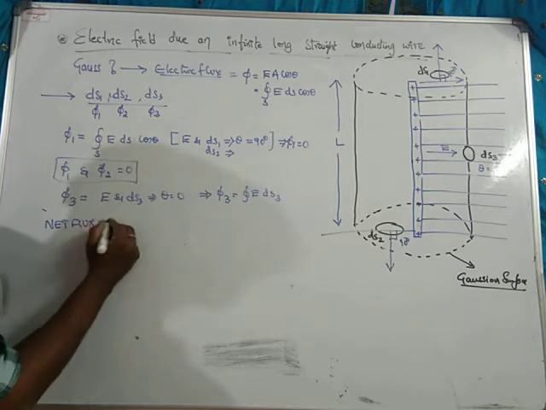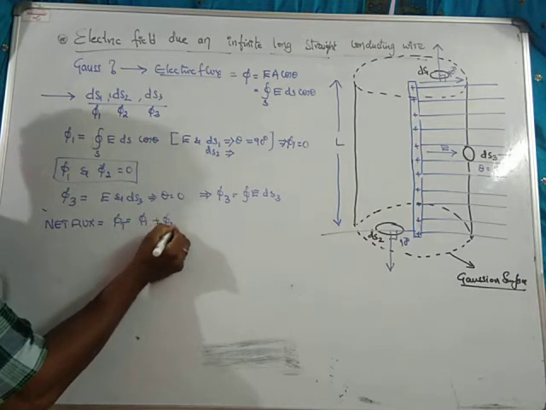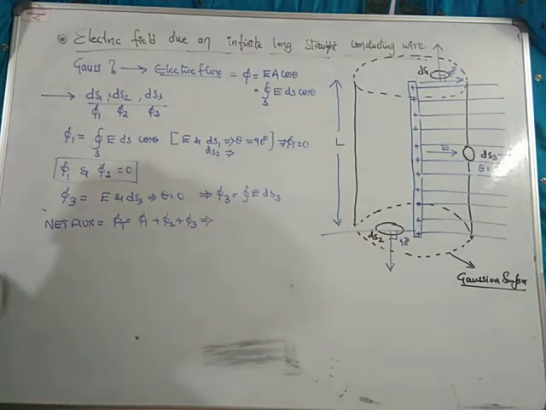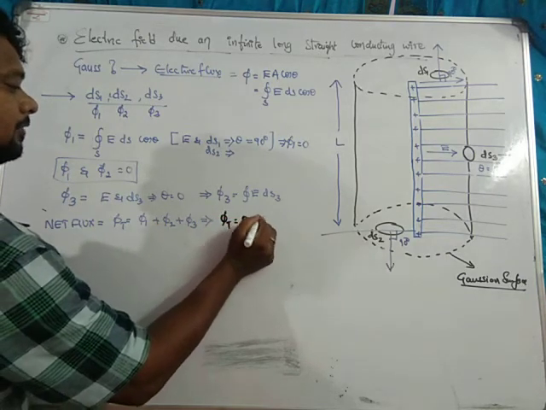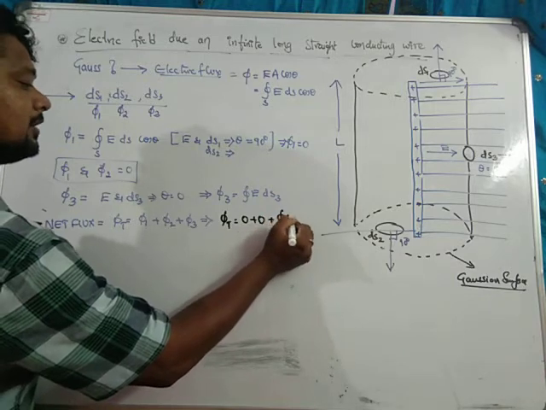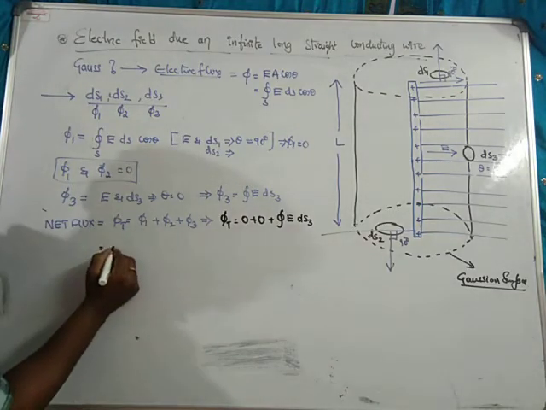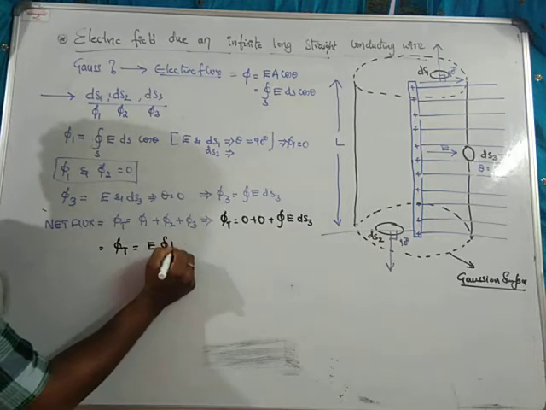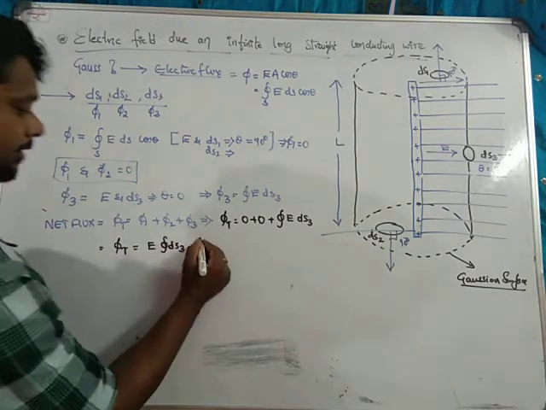The total flux is flux 1 plus flux 2 plus flux 3. Flux 1 is 0, flux 2 is 0, and flux 3 is the surface integral of E ds3. So the total flux is E times the surface integral of ds3. What is the surface integral of a wire? The area of the wire.